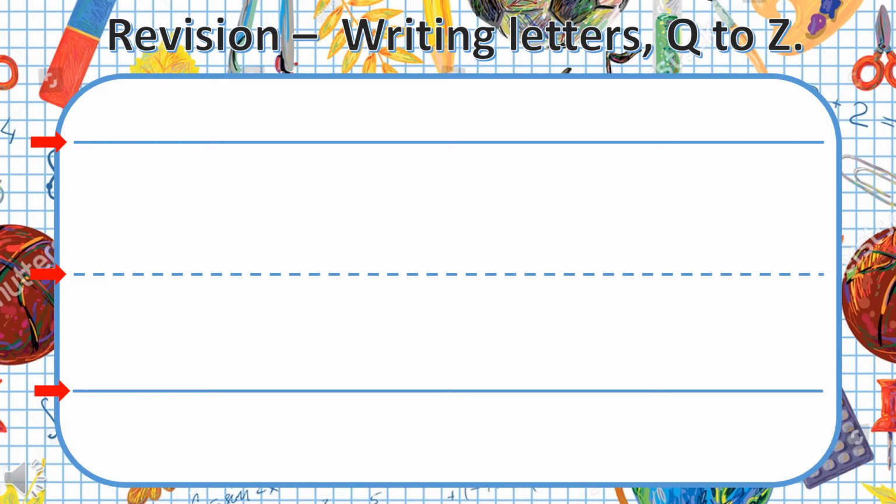The uppercase letters will touch the top line and go all the way to the bottom line. The lowercase letters, most of them will touch your middle line and go down to the bottom line. But there are a few of them that have tails that hang over the bottom line. Remember this.